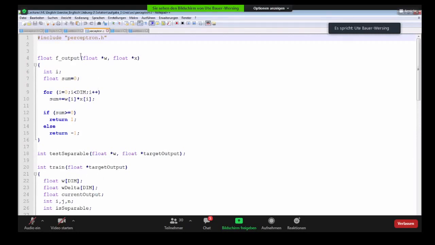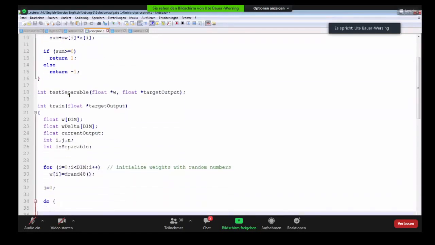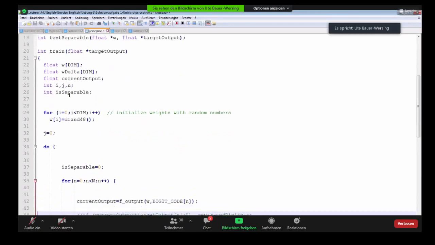Of course, you have to code how you calculate the output of the neuron. So you have to have a function that calculates the output. This is basically a function all of you should try to understand: how do you program these simple elements? And then we have a train method, which is a bit more complicated.